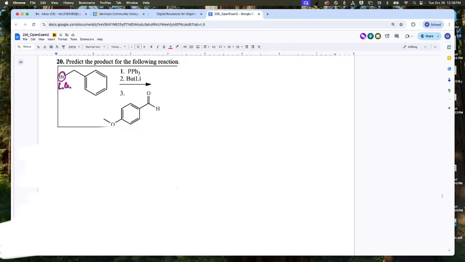We've got a leaving group, which isn't bad. If you're looking at this and you see a good leaving group, that's fine. What you're committing to is drawing out the full mechanism for this.